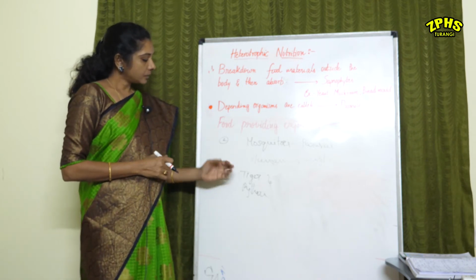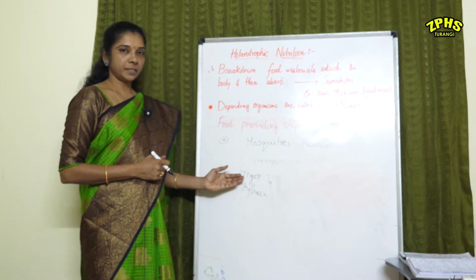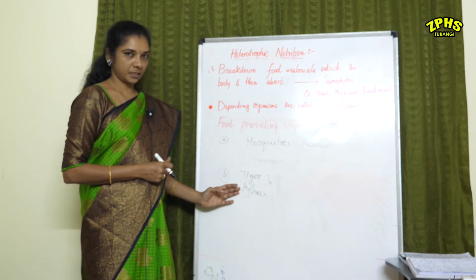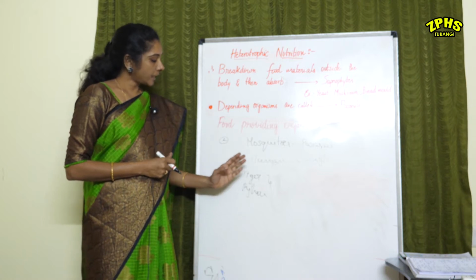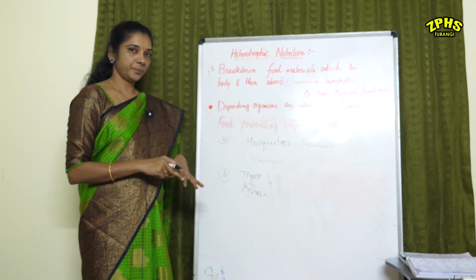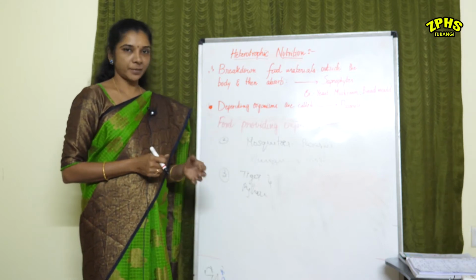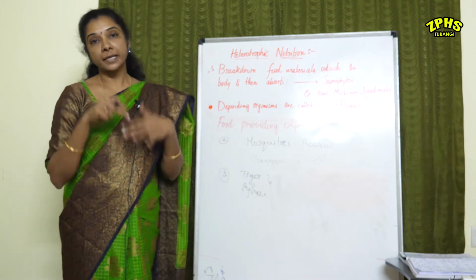Both take other animals as food material, but here the tiger cuts the animal into pieces and then takes the pieces into the body and after that it digests, okay? But the python completely takes the animal inside the body.